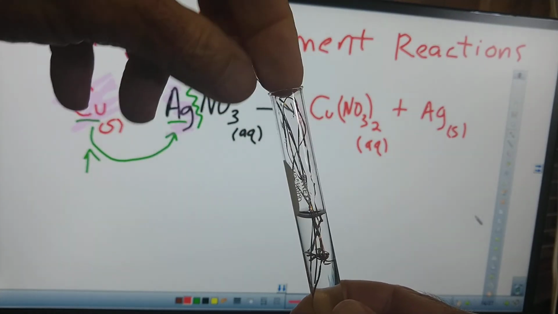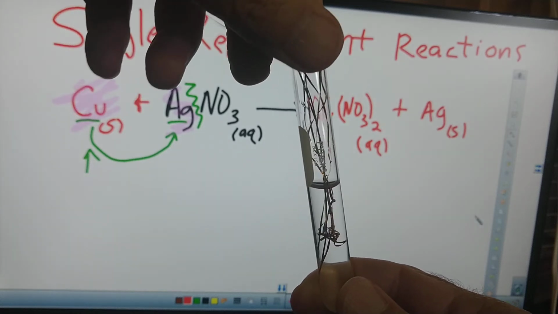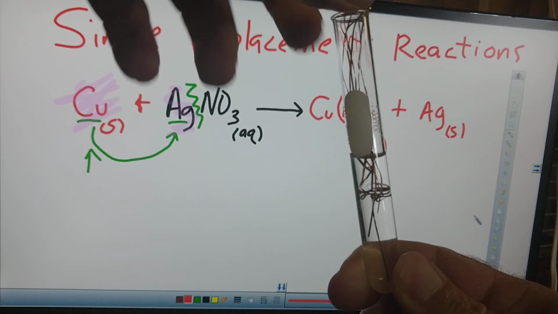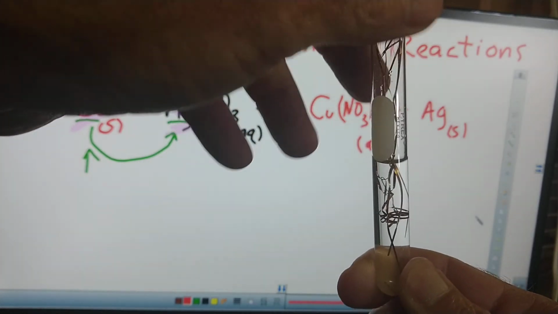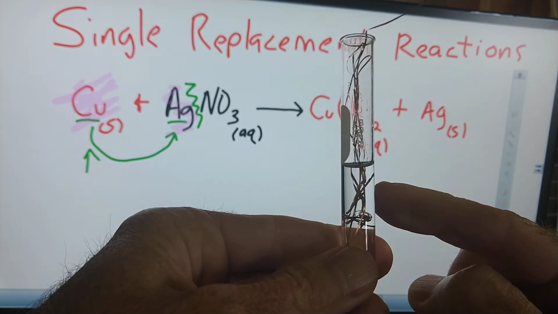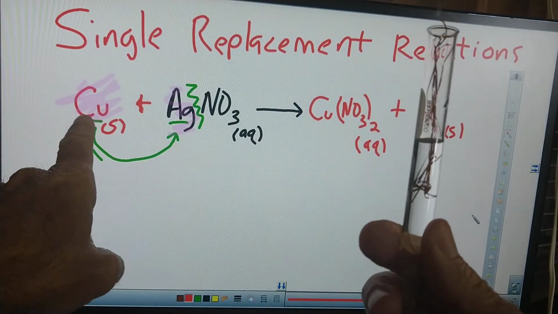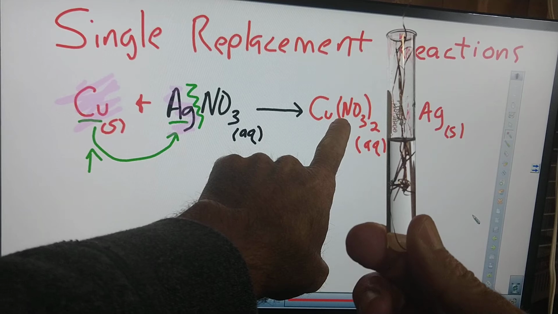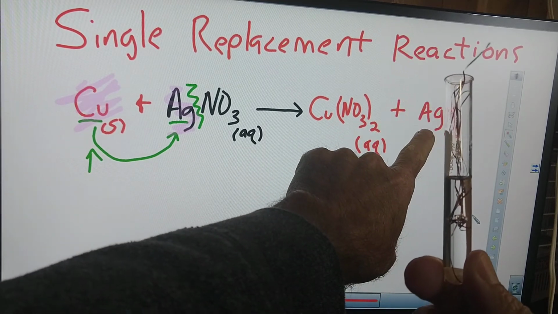And what's going to happen is anything that is below the surface of the water, that copper that's down there in the water, is going to kick out the silver. And then the silver is going to become a solid.